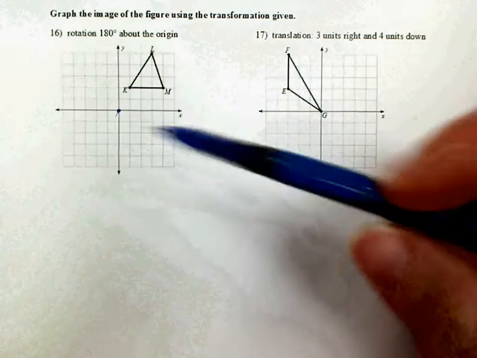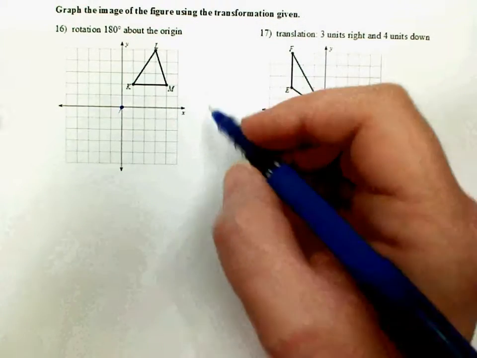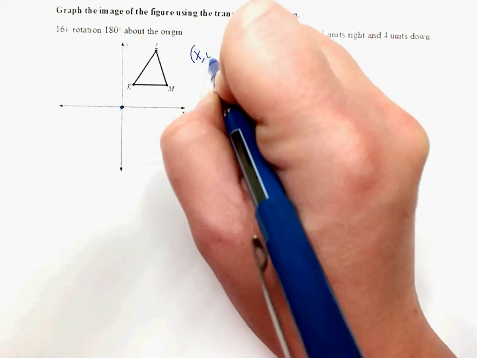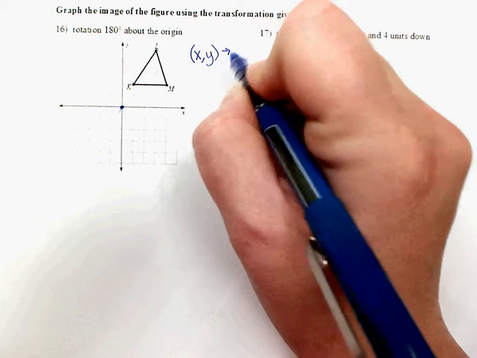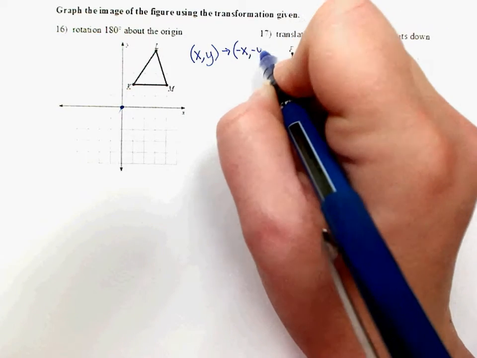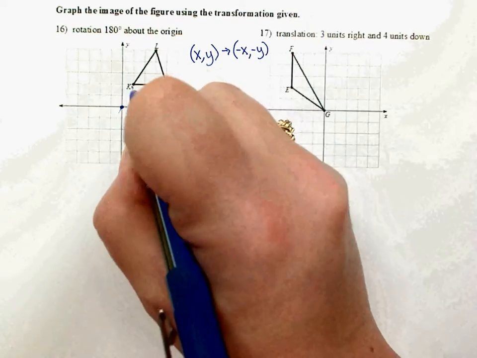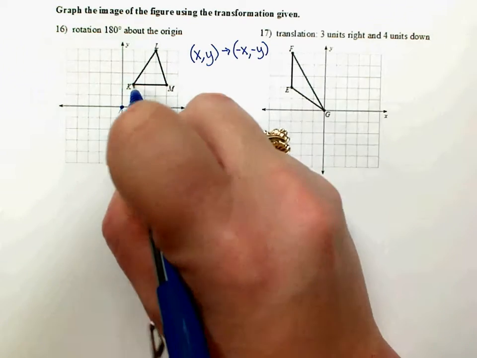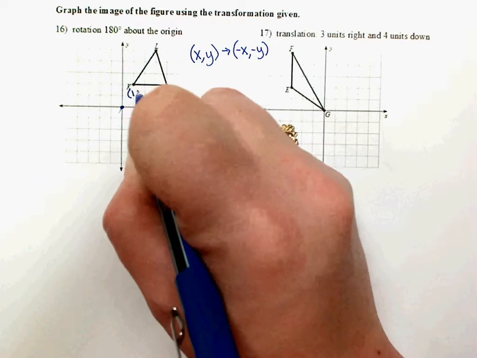Okay? You can also remember the rule for a 180 degree rotation. It takes your points, X, Y, and it just changes their signs. It's the opposite of the X and the opposite of the Y. So if we look at the coordinates of K, we go over 1 and up 2. So its coordinates are 1, 2.